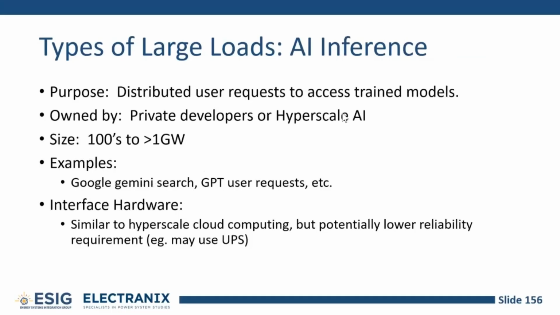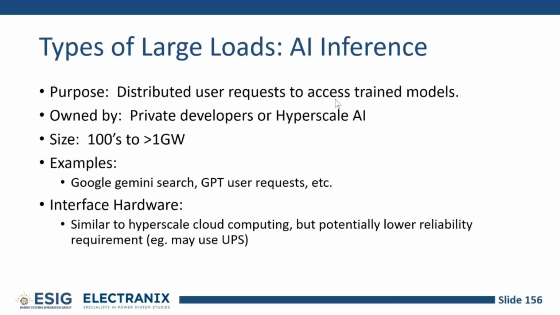So if you make an input request to ChatGPT or Gemini, or your phone is doing something with AI, then it will be accessing one of these servers, and they're basically dealing with thousands or millions of individual requests, and those are accessing trained models, so pre-trained models. These ones can be very large. Hundreds of megawatts up to more than 1,000 megawatts.